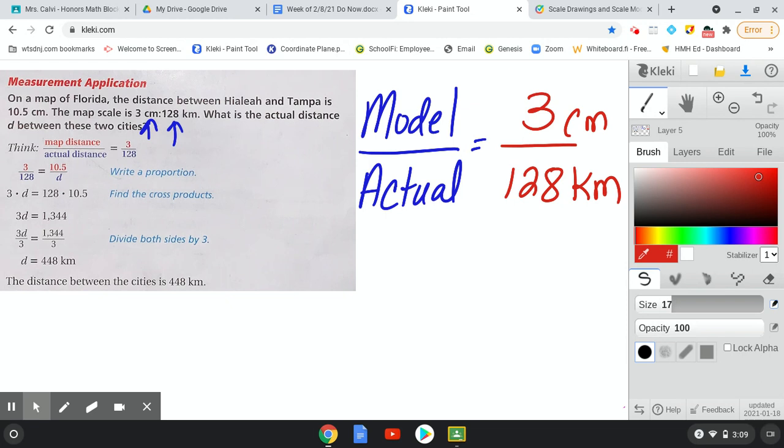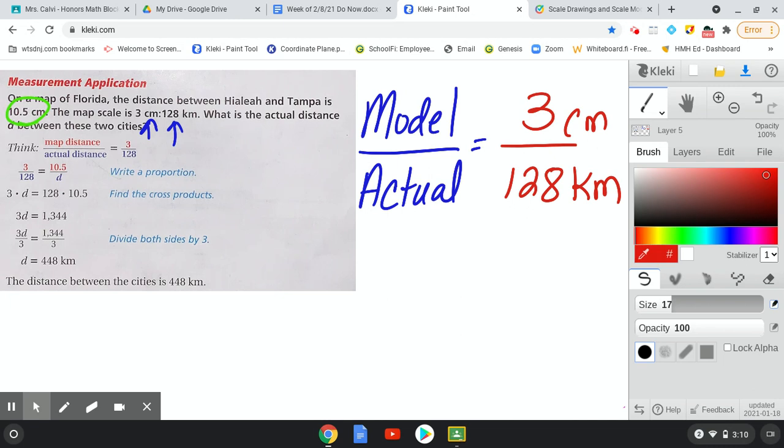Okay, so now we want to know what the actual distance between the two cities is. And they gave us the additional information that the distance on the map is 10.5 centimeters. Well, that's the model distance. We want to know the actual distance.